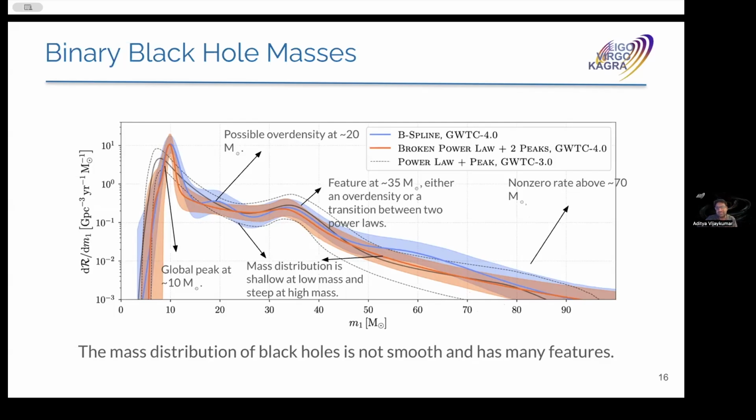Black holes are dead stars formed through supernovae, and there are certain classes of supernovae called pair instability supernovae, which do not leave behind any remnant, which means there might not be any black holes at about 60 to 70 solar masses. But the fact that we are seeing them means that there needs to be some mechanism to overcome this pair instability supernova feature, either by, say, two black holes merging together and then another black hole merging, so-called hierarchical mergers that populate this portion of the mass spectrum.